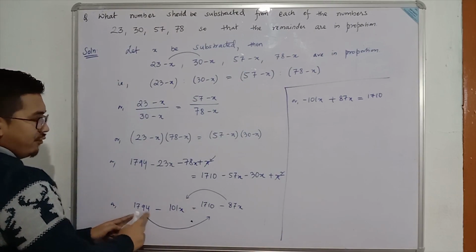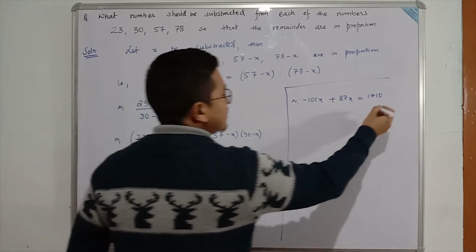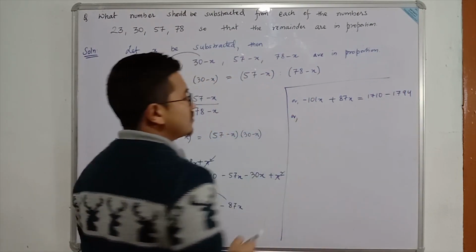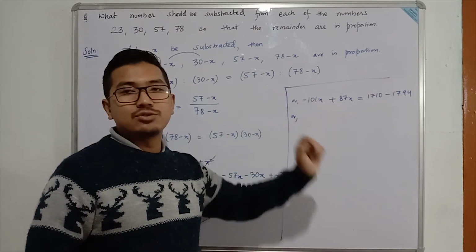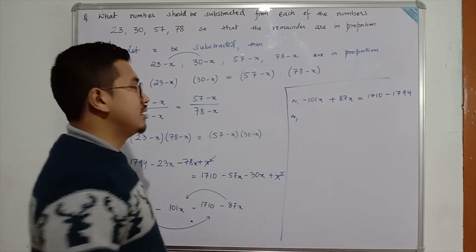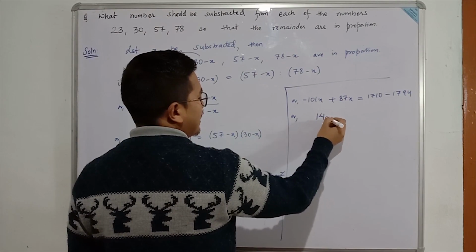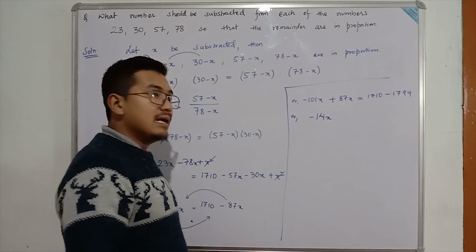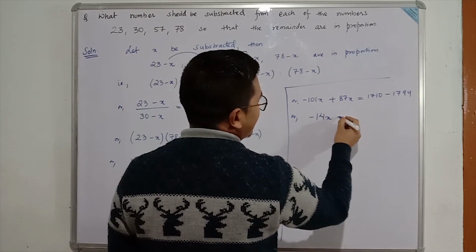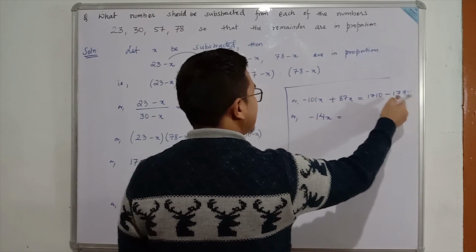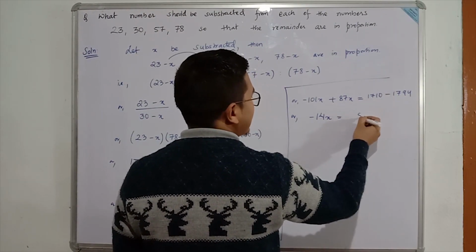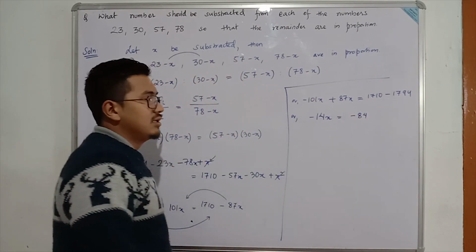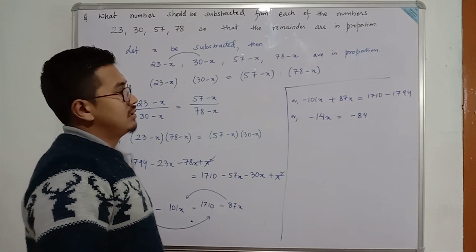Taking 1794 to the right hand side gives minus 1794. Now this is minus and this is plus, opposite signs, so we subtract. We get 14x, and we use the sign of the bigger number, so minus 14x. On the right hand side, we have plus and minus, opposite signs, so we subtract. It gives us 84, and we use the sign of the bigger number, that is minus. So this is what we get after subtraction.